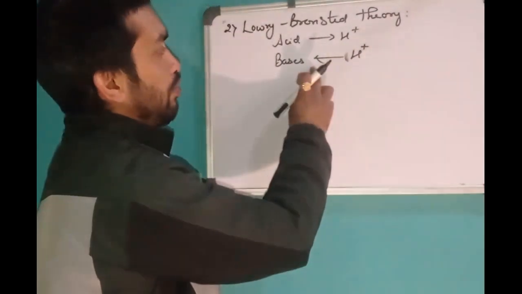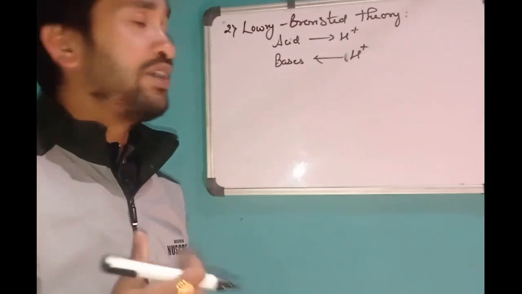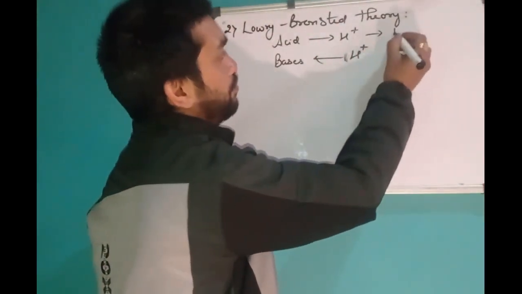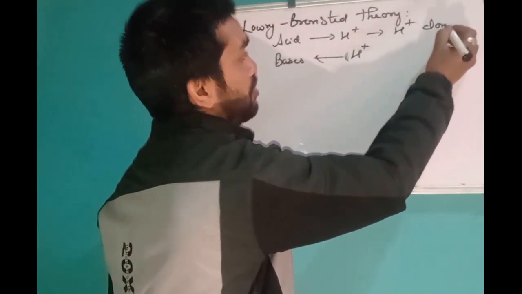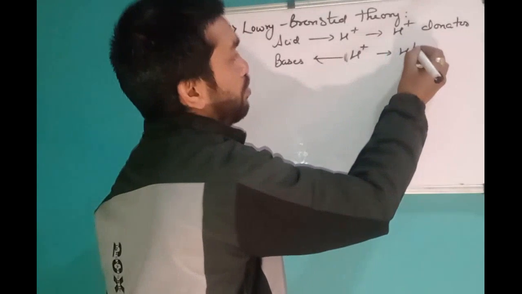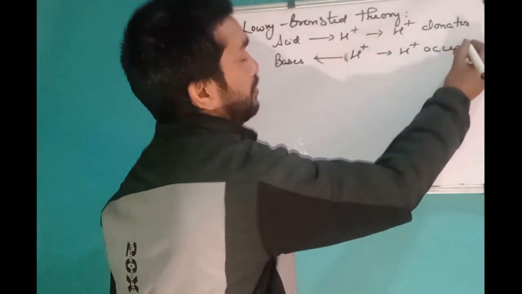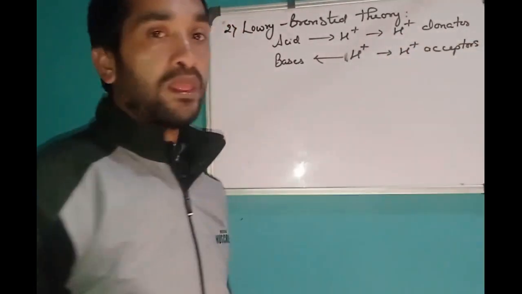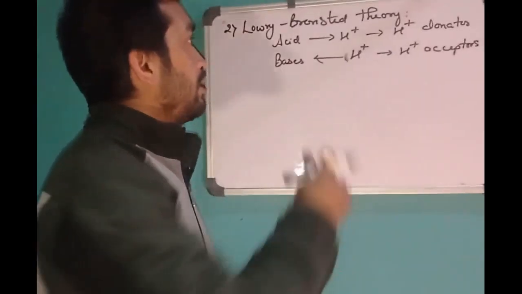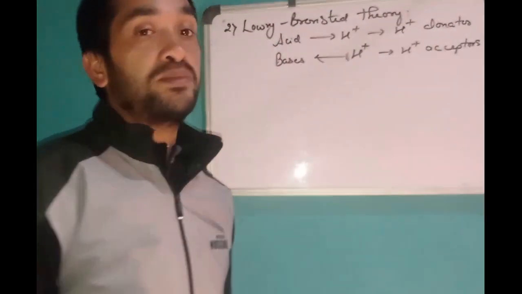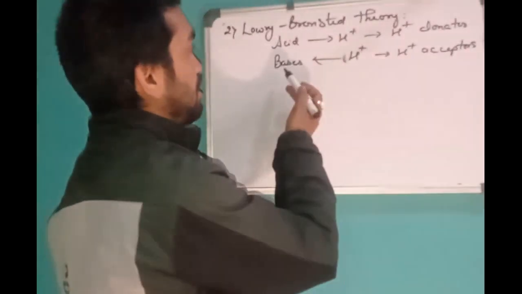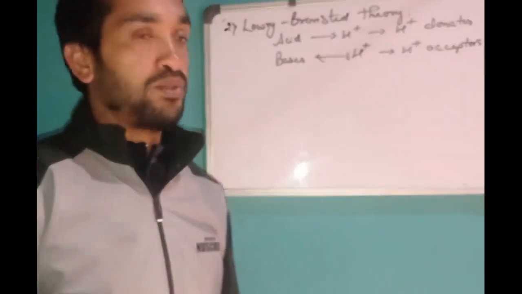This arrow indicates addition. So we can say that acids are H plus donors and bases are H positive acceptors. According to this theory, acids are those chemical species which donate H positive ion, and bases are those species which accept H positive ion.